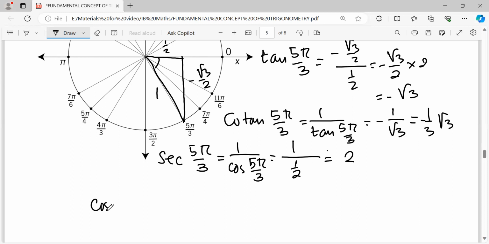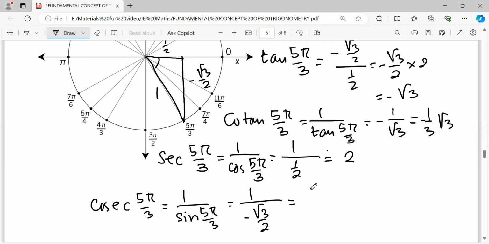And cosecant 5 pi over 3 equals 1 over sine 5 pi over 3, equals 1 over negative square root 3 over 2. It becomes 2 over negative square root 3, or negative 2/3 square root 3.